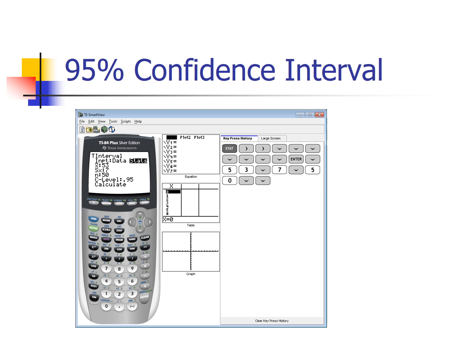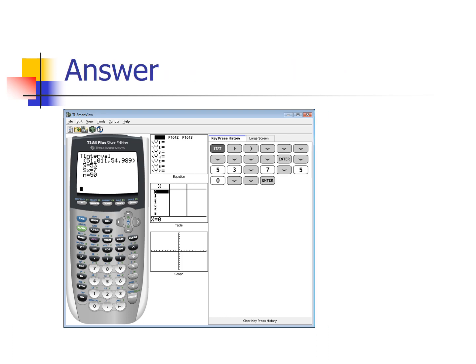The sample standard deviation is 7, the sample size is 50. We're asked, right above the screenshot, to do a 95% confidence interval, so I fill in 0.95. I select calculate, and here's the actual interval. It goes from 51.011 to 54.989.